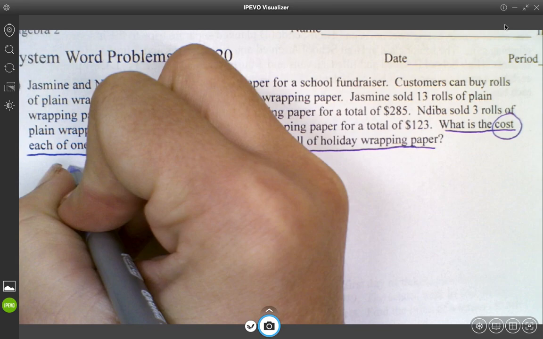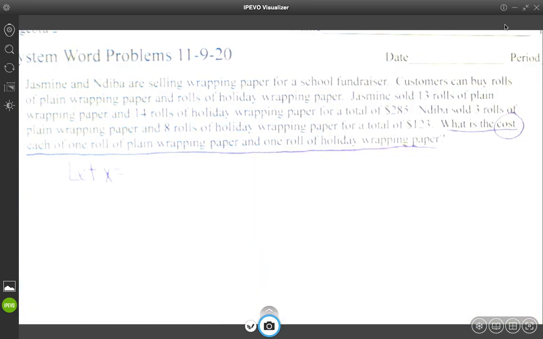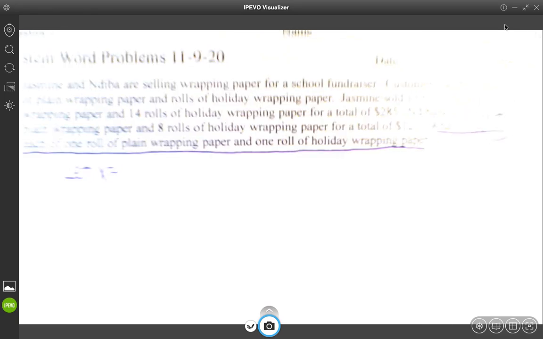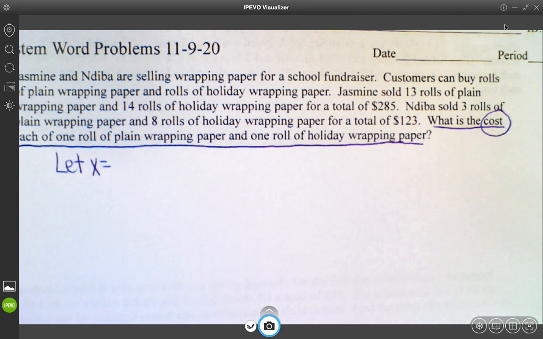So let's just say we are going to let X equal. Do you guys know that on any sort of test, you can't just say let X equal plain wrapping paper? Have you guys been told that before? You have to specify what you are finding out about the plain wrapping paper.